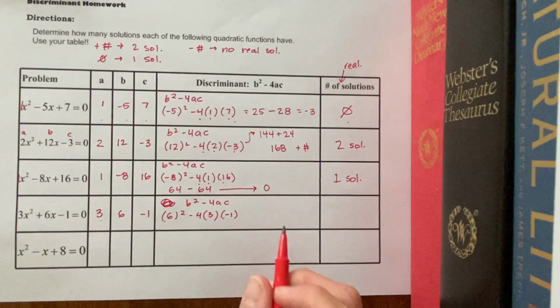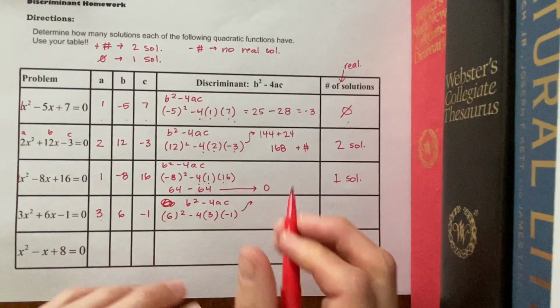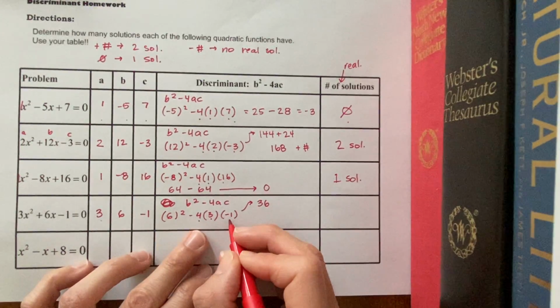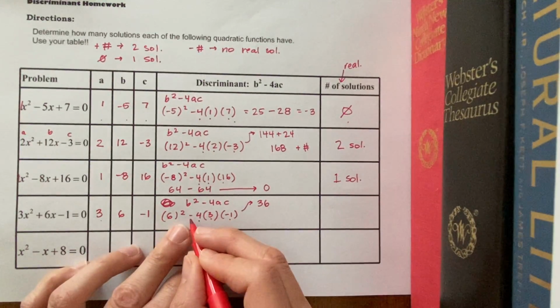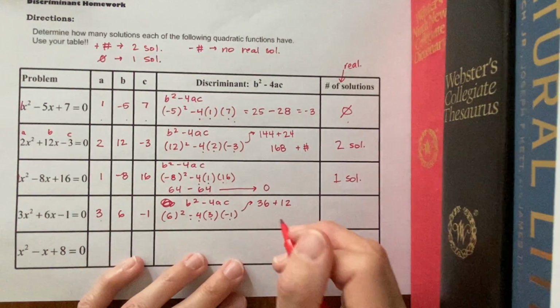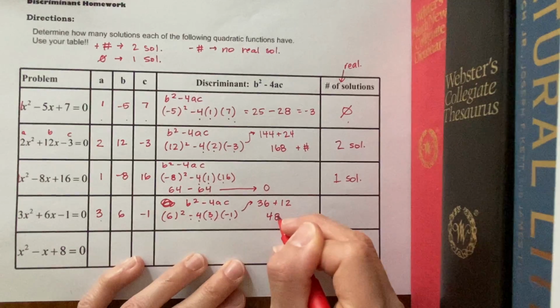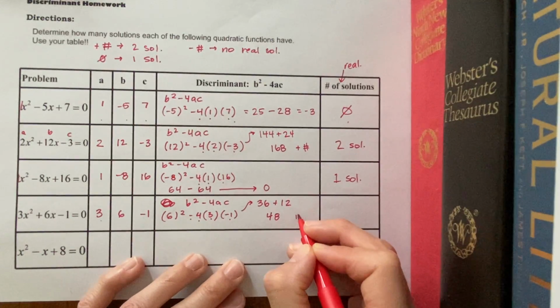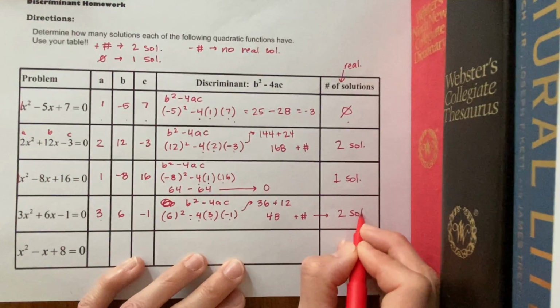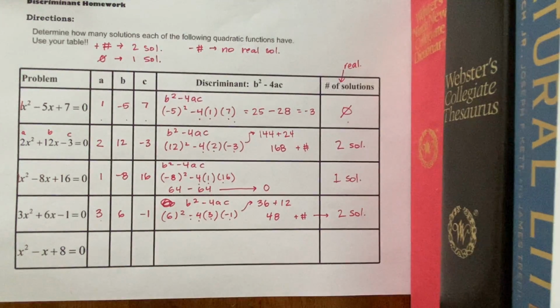Again, you've got to watch your signs on this stuff. 6 squared is 36. 4 times 3 is 12, times -1 is -12. So minus -12 would be positive 12. 36 plus 12 is 48. That's a positive number. So that means I have 2 solutions.